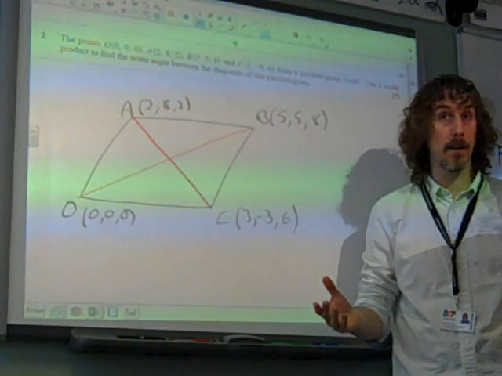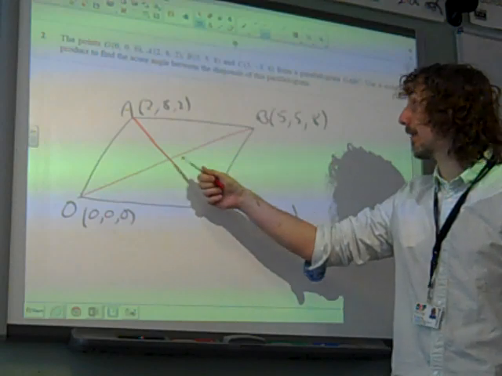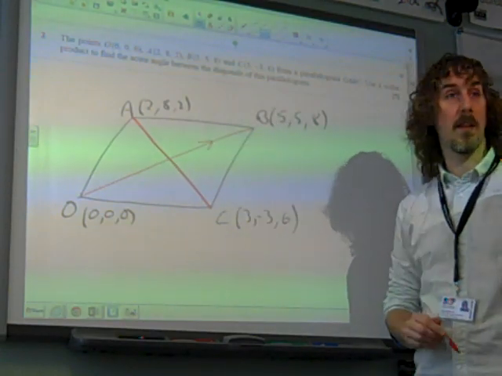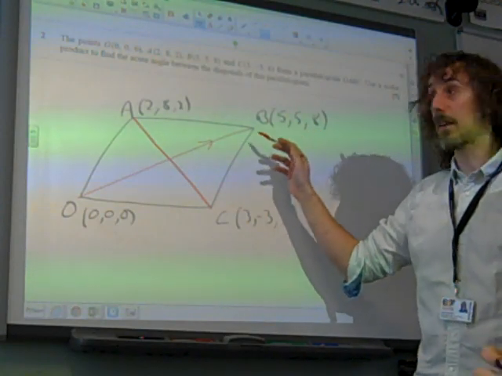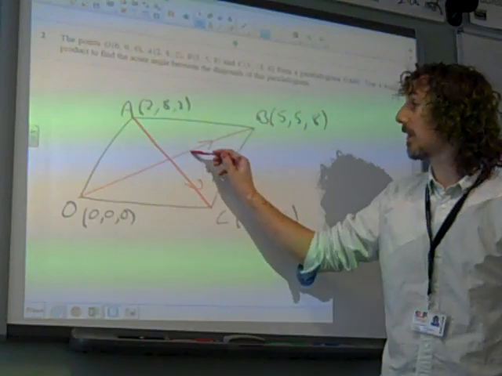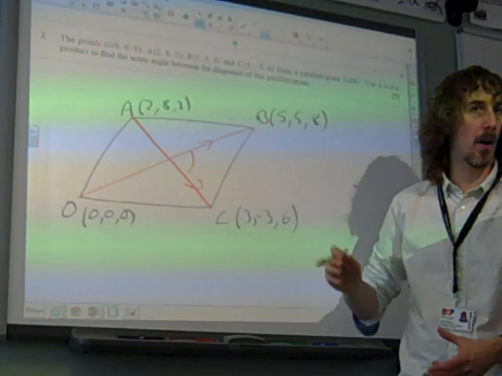So let's just find the angle between them. And it seems sensible, well, we've got the vector OB already. That's that vector there, because that's the point B. So let's find the vector AC, and then that will give us that angle, won't it? It's the angle between the two vectors as they depart.